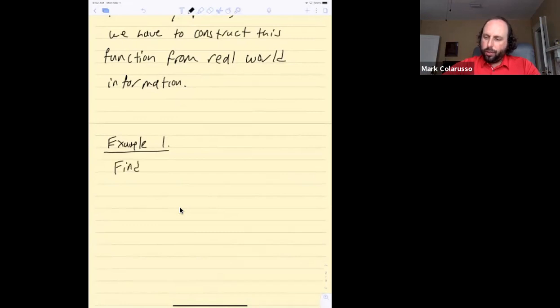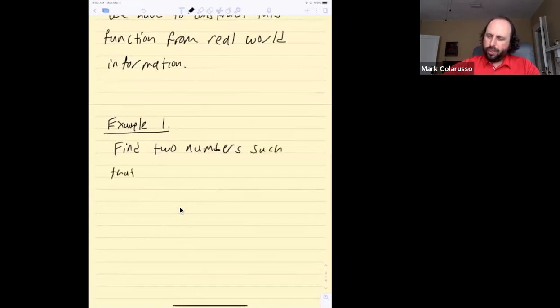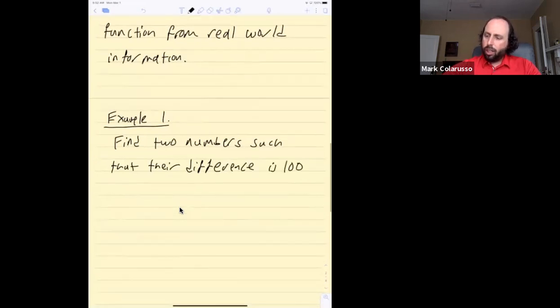Find two numbers such that their difference is 100 and their product is minimal.